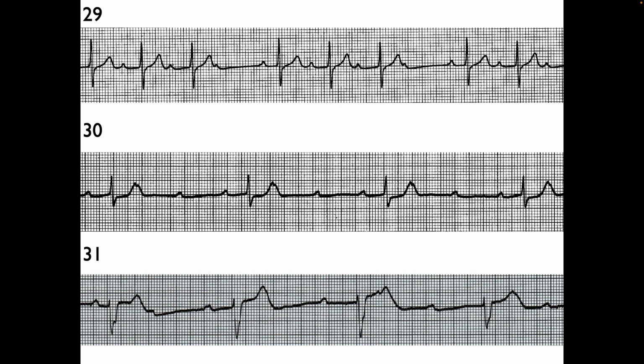If we look here, to be honest, there really aren't groups. If you march out the PR interval, here's a non-conducted P. If this was second degree type 1, this would have to be a conducted P. And then the next one happens here.